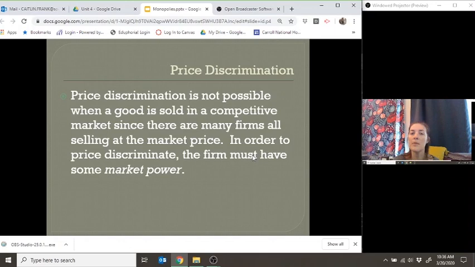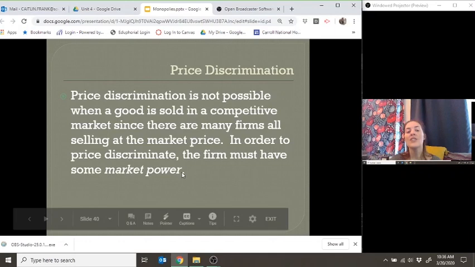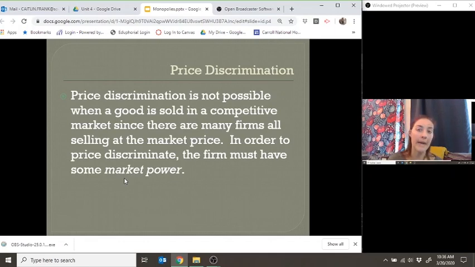Same thing with theme parks, concert venues, athletic events. They all price discriminate because they know that your max price is higher in those specific scenarios. So for this to happen, they have to have some market power. So that's why it happens in a monopoly graph, because with the monopoly, we can't go to someone else and buy it. In a monopoly graph, they're the only person we can buy it from, so they're the ones who are able to price discriminate.